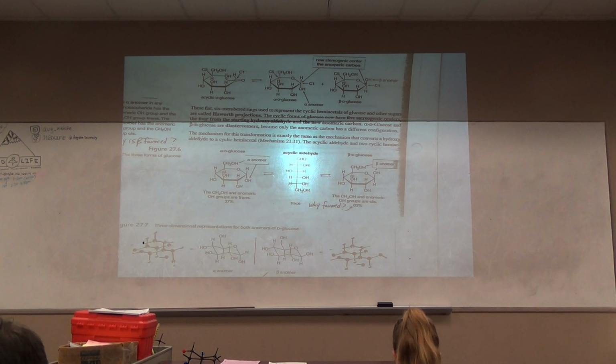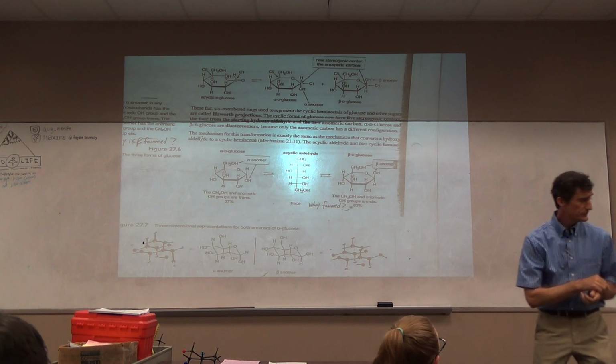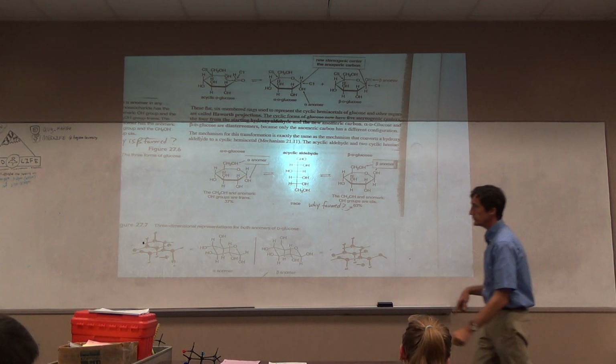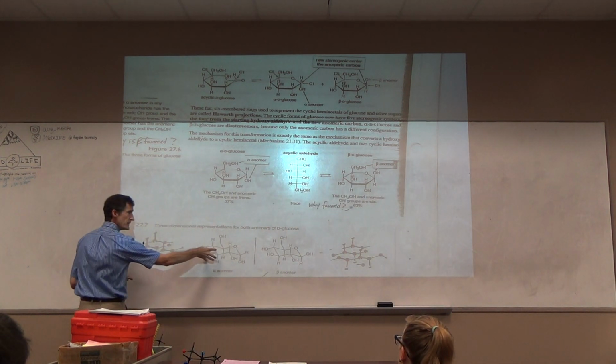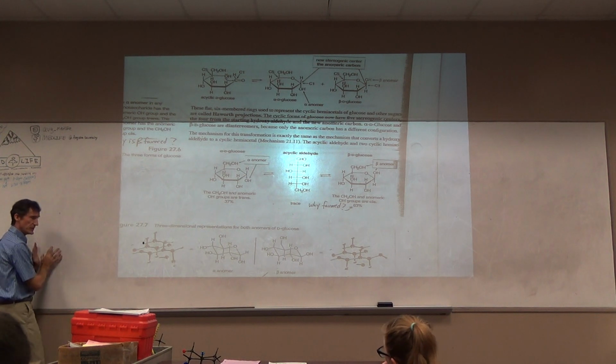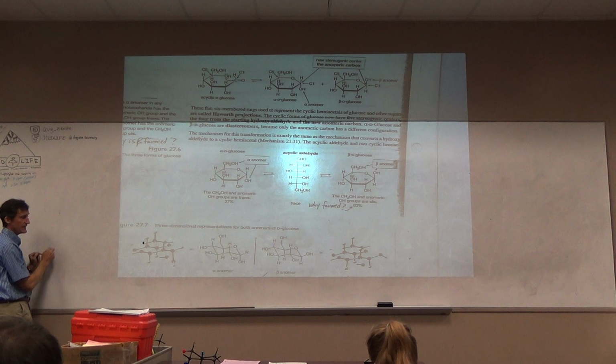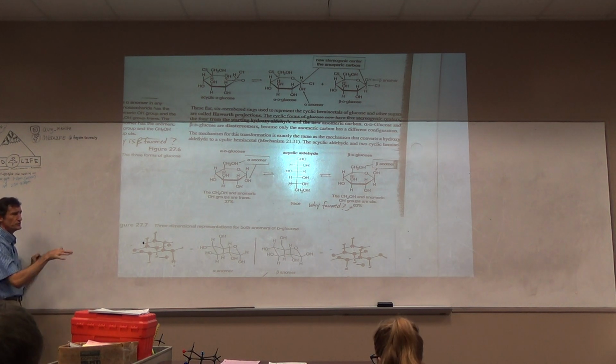You got two equatorial, one axial. Two equatorial, one axial. Okay, wait, I've already erased it. What she did here is, your ring flip, you didn't do a ring flip. You just changed the position. That was like when I did over here. I had the good one, I redrew it again, and I showed you how you don't have to. I kept the chair the same. I just moved the groups. That's what you've done. Okay.